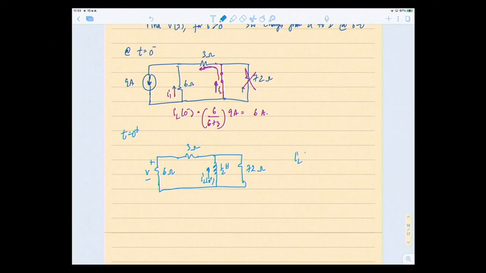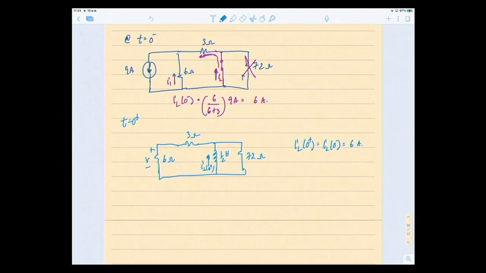Well, IL at 0 plus doesn't change instantaneously, so it's equal to IL at 0 minus, equal to 6 amps. So we have 6 amps flowing through here. So right now it's become RL source free again, right? So my IL is now almost like a current source supplying this circuit.